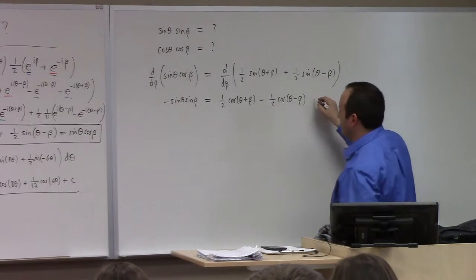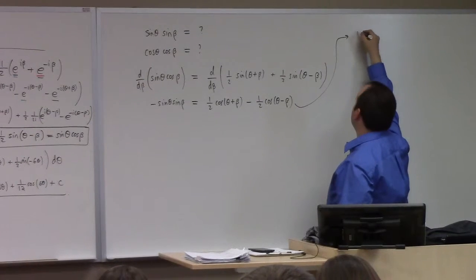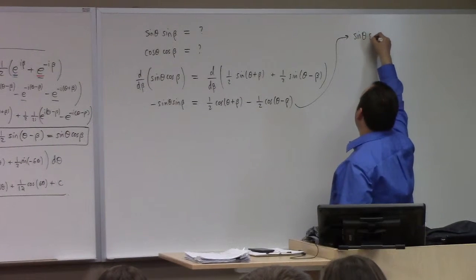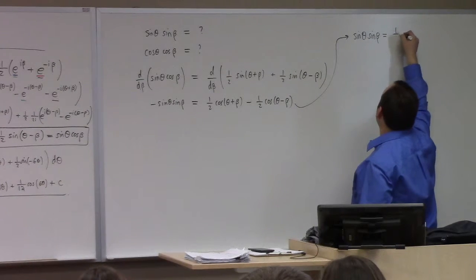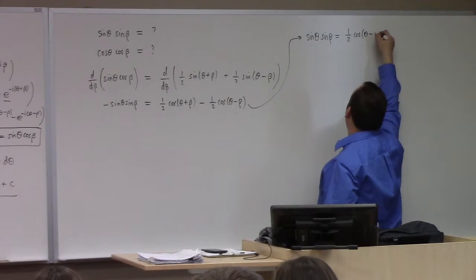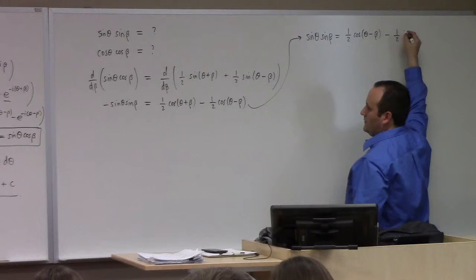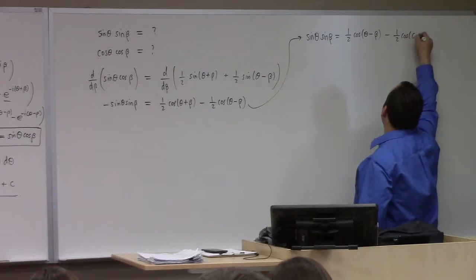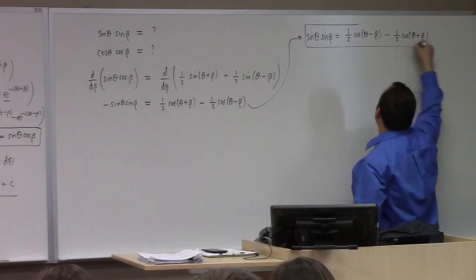And so we can clean this up, and we get that sin θ times sin β is in fact 1/2 cos(θ−β) minus 1/2 cos(θ+β). So there you go. There's the identity for the product of sines.